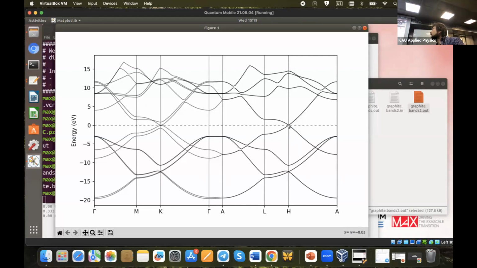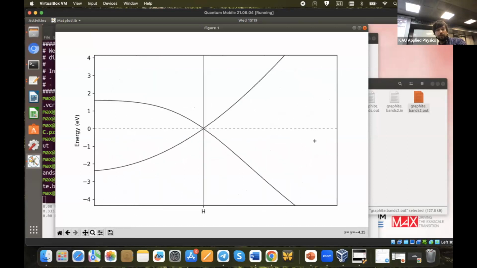This is the center of the Brillouin zone, this is the border of the Brillouin zone, this part is central and this part is border, and here we see all these things. I can slightly zoom it. You see it's almost ideal.